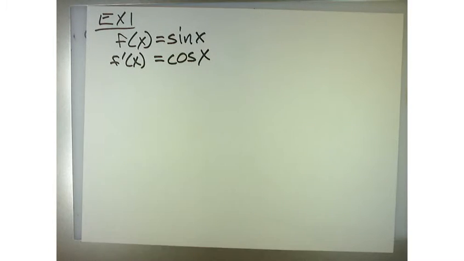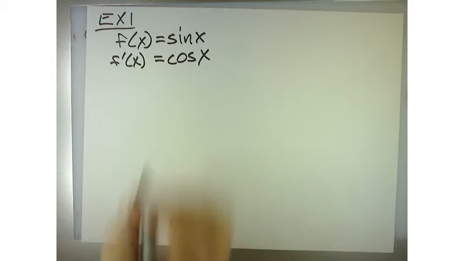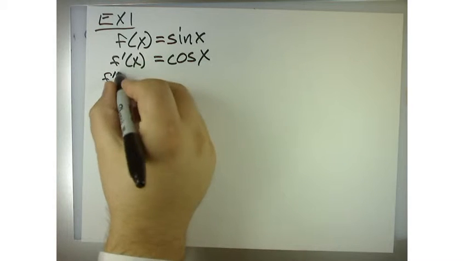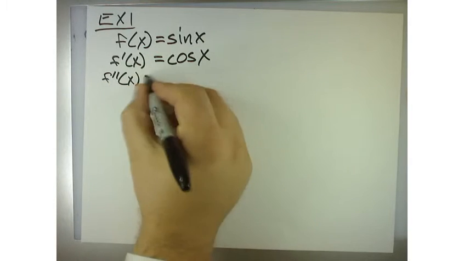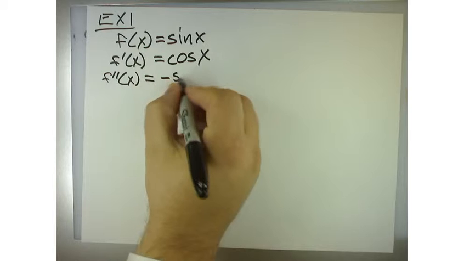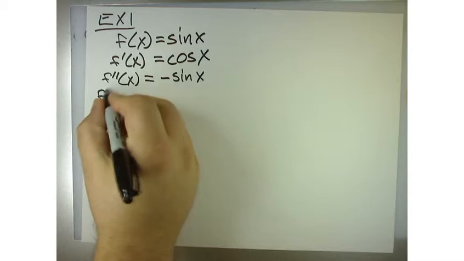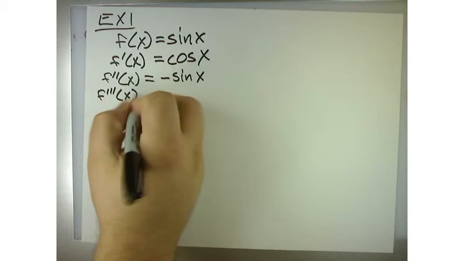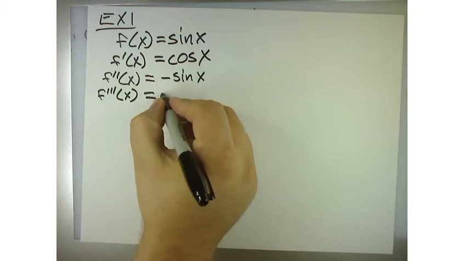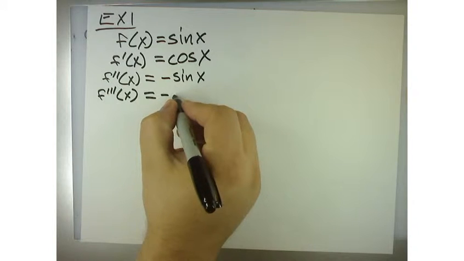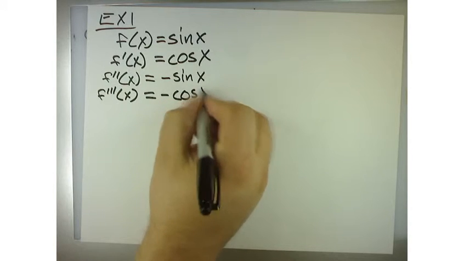Now, here's the only other thing that you need to know. If I take the derivative of cosine, then I get negative sine of x. If I take the derivative of that, the negative gets tossed to the front, and I get negative cosine of x.